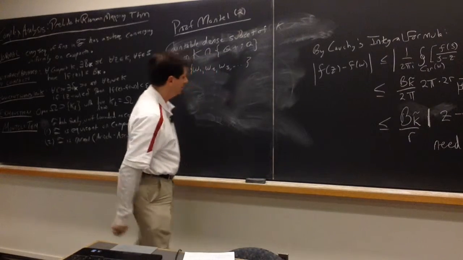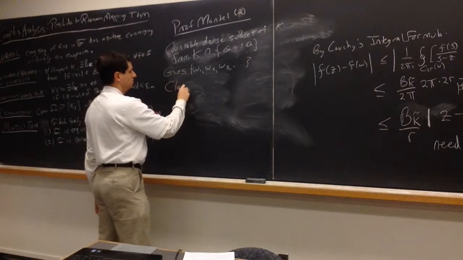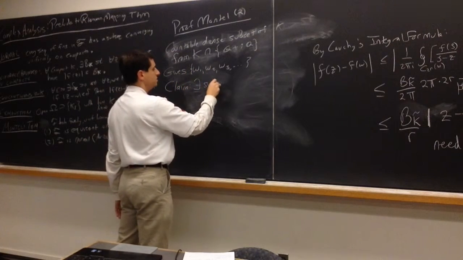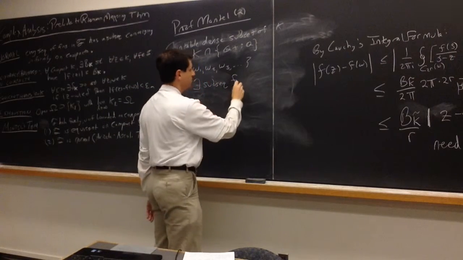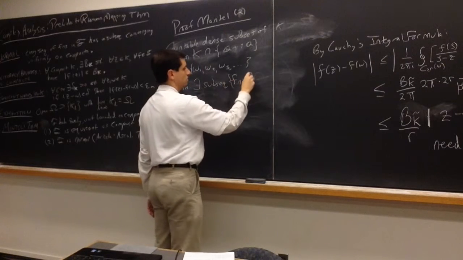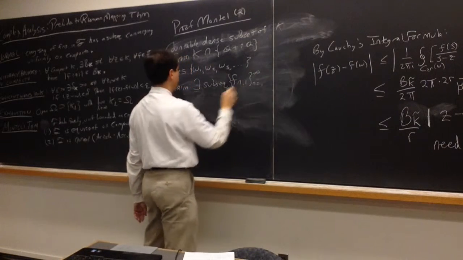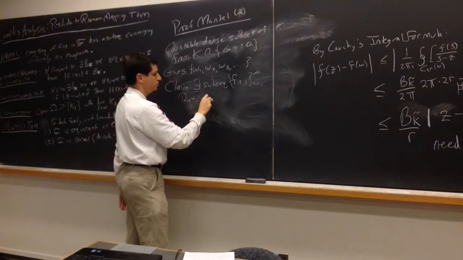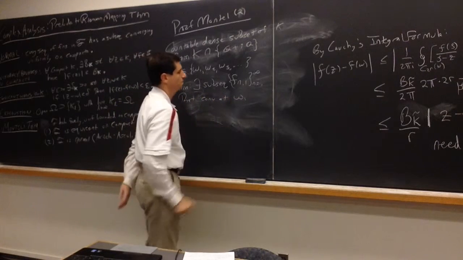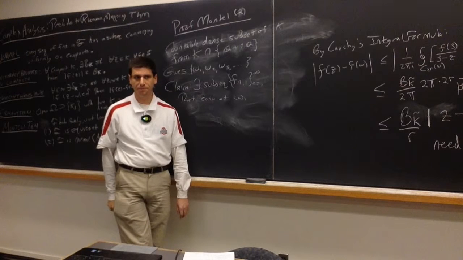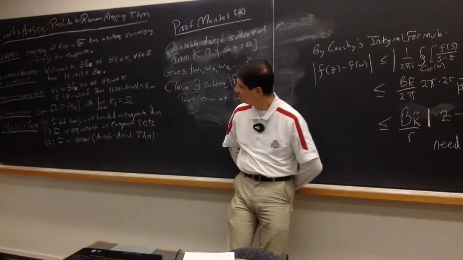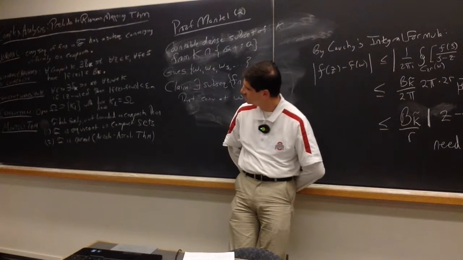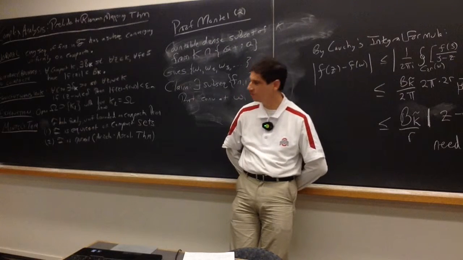So the first thing is, they claim there exists a subsequence, and they want to use F_{n_1,k}, k goes from 1 to infinity, that converges at W1. So why can we make the claim that a sequence of functions has a subsequence that converges at the point W1?